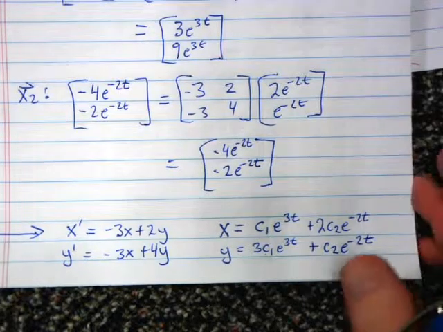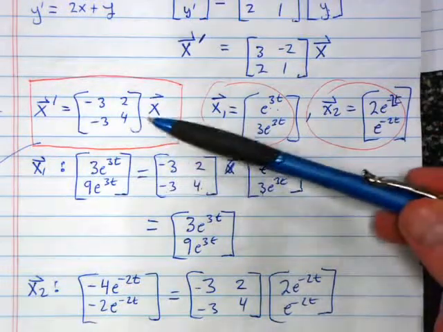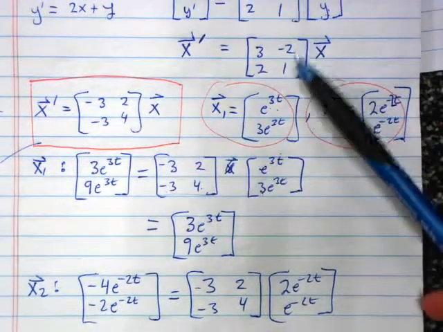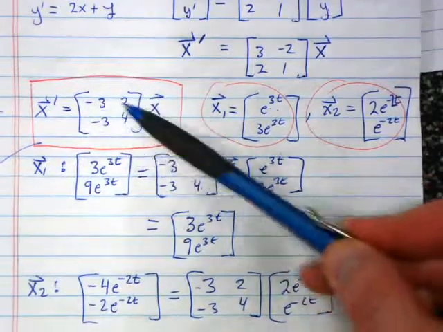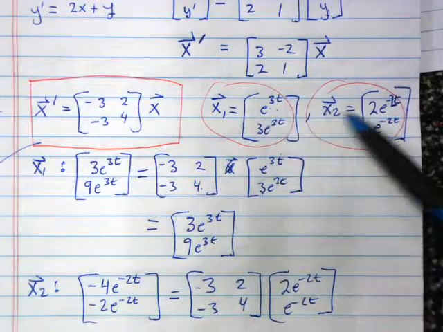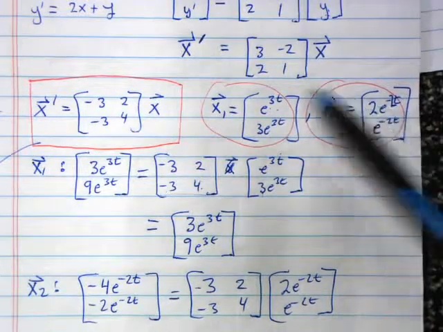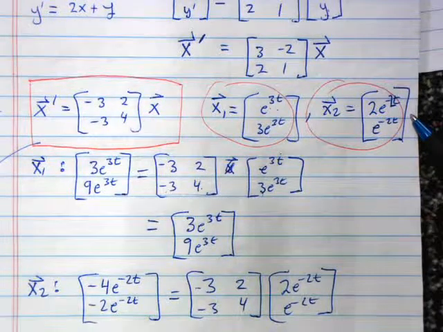So this is going to be the general idea. We're going to start with a matrix equation. If we start with a 2 by 2 system here, we're going to find two vector solutions. What happens once you find two vector solutions? You can write them as the equations, and you found all of these solutions.